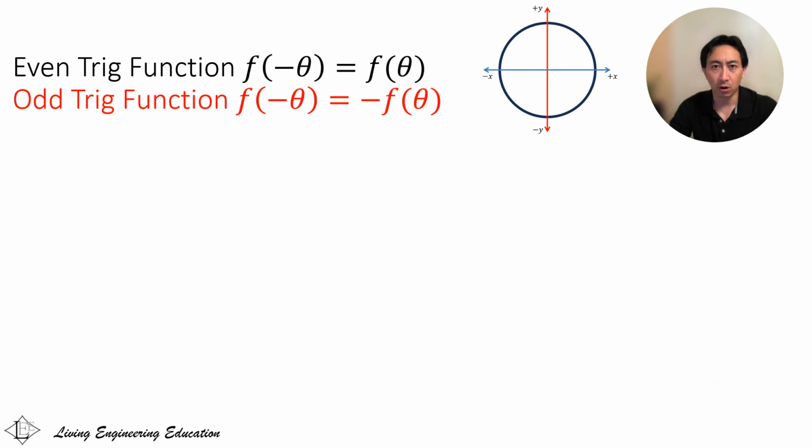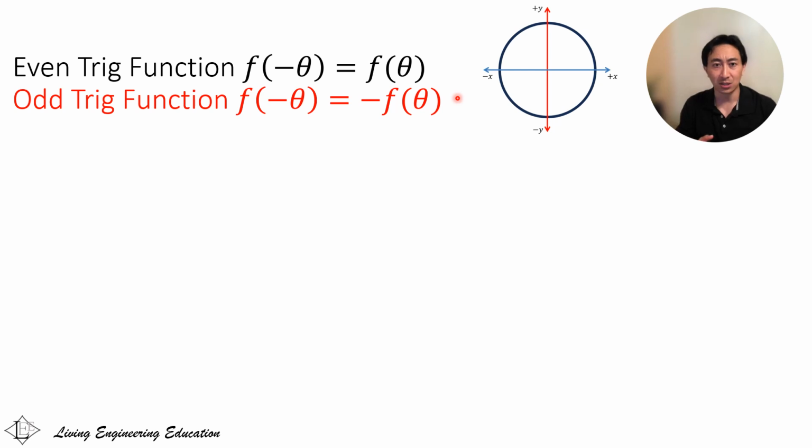Let's take a look at some other identities. When we look at our six trig functions, we can distinguish them as either even or odd. An even trig function means that if I put in a negative theta, I get out the same as if I put in a positive theta. An odd trig function says that if I plug in negative theta, I get the negative of the function with the theta term.